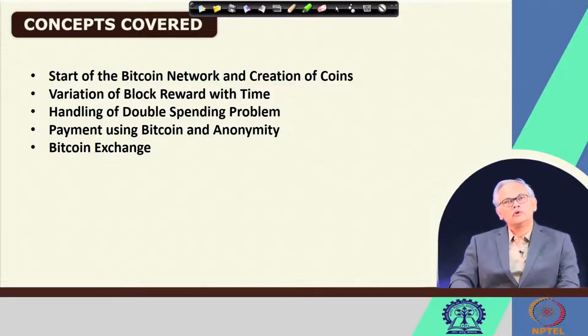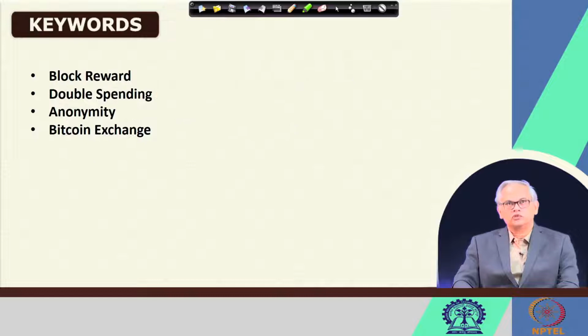We will also see how payment can be made using Bitcoin in real life, and its anonymity. And finally, we touch upon Bitcoin exchanges, which most of you have heard of and seen various advertisements for. So, we will touch upon those topics also.